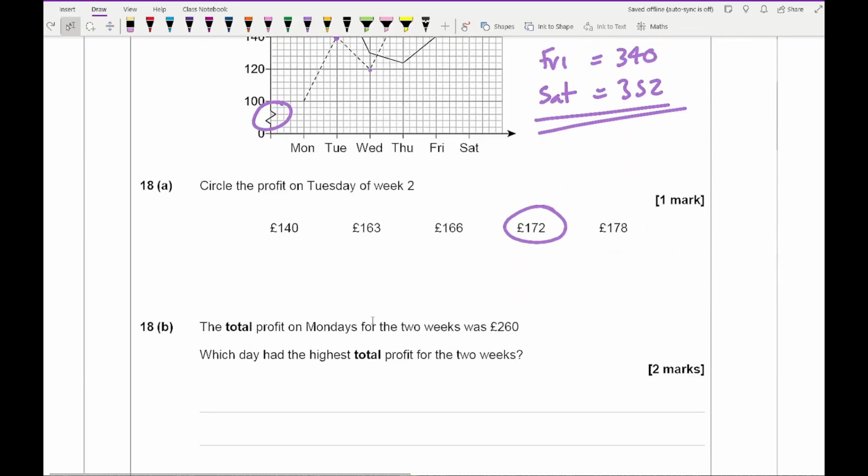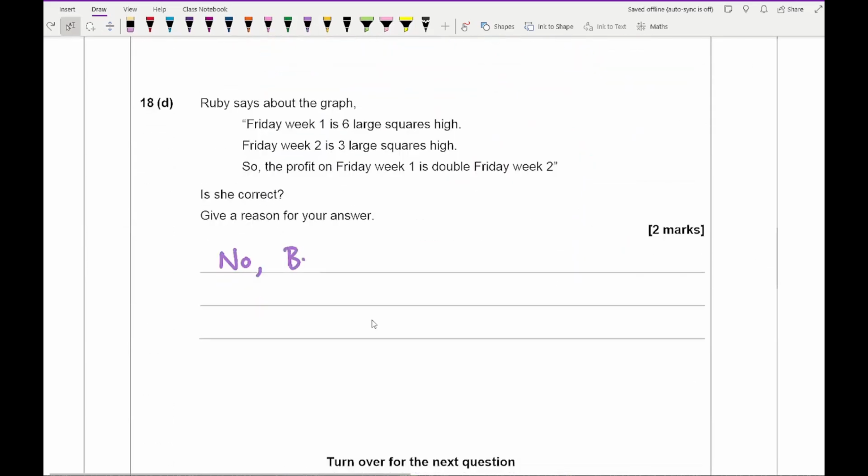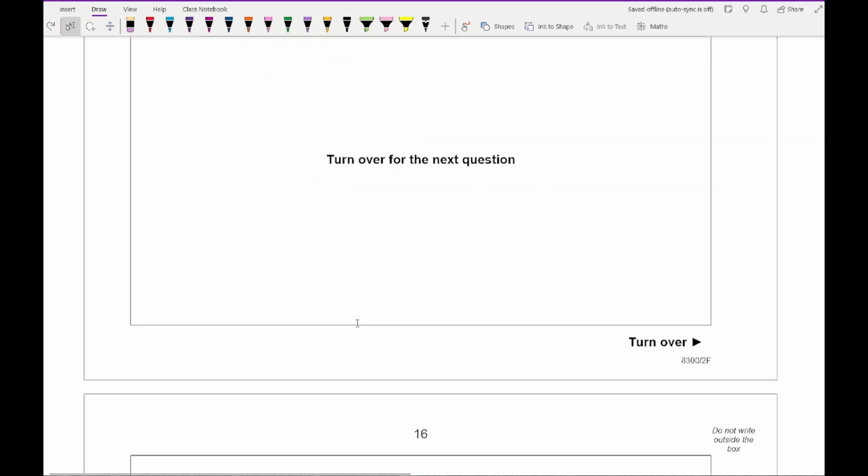So it's difficult to tell which one is going to be the case. So here you could say no, because we've got a broken axis. And you could also then just quote a few numbers. So you could also say that 200 is not double of 140. So something along those lines would be absolutely fine for the 2 marks.